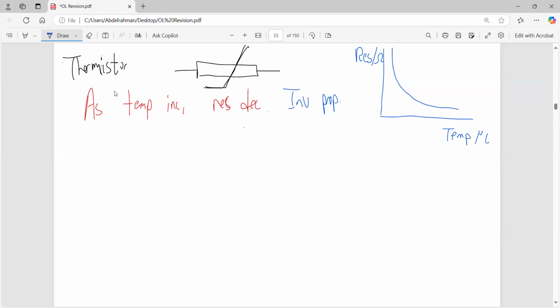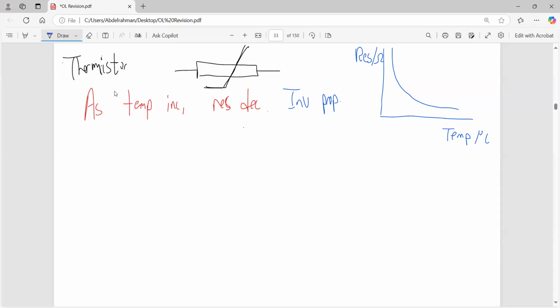It's made of some material which acts against the temperature. As the temperature increases, the resistance decreases, which is actually quite opposite to the normal wire. What do I mean by the normal wire? If you have a normal copper wire, what happens to the resistance as the temperature increases?